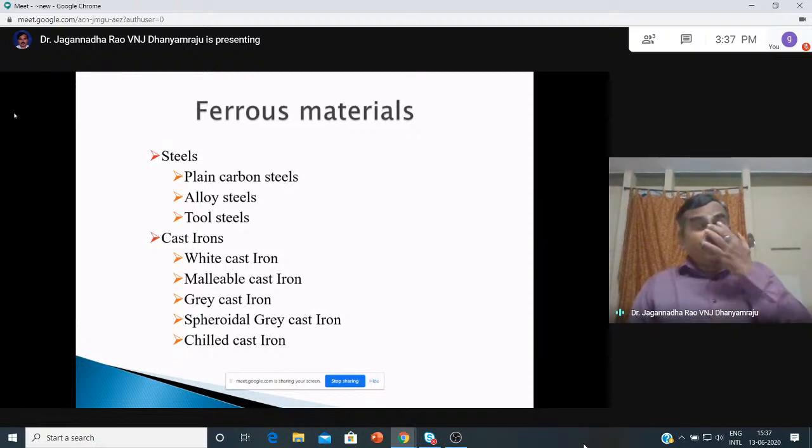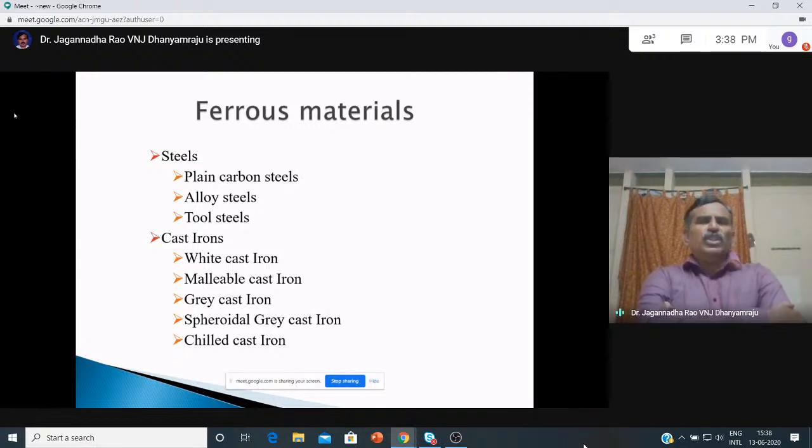But however, in alloy steels, you will use alloying element other than carbon. For example, you will use chromium, vanadium, nickel, cobalt, tungsten, molybdenum, copper, aluminium. So when these quantities are significant in steels, they are called alloy steels. We'll come to that later.